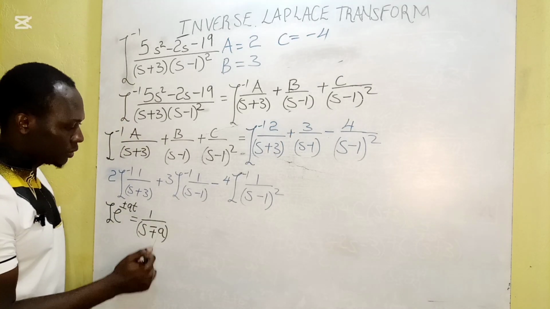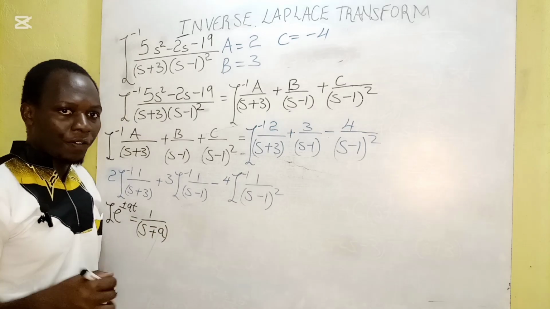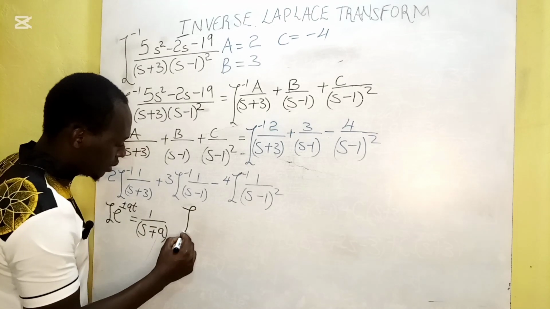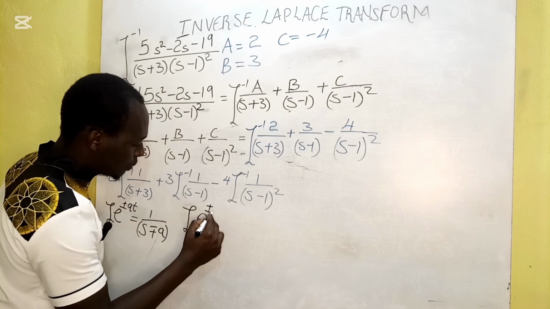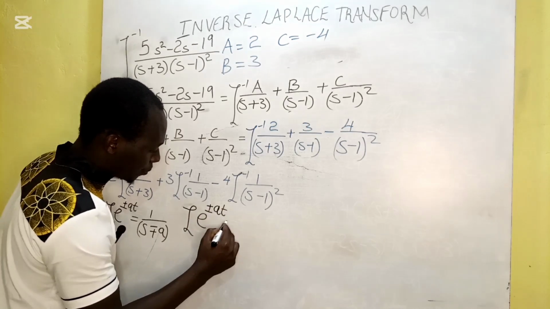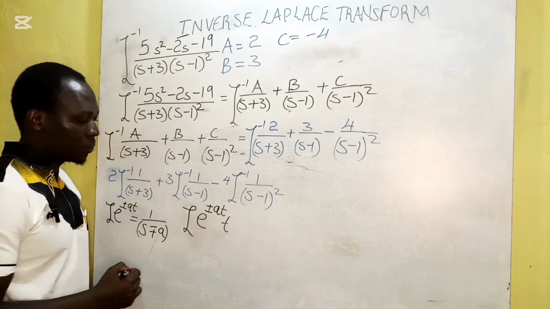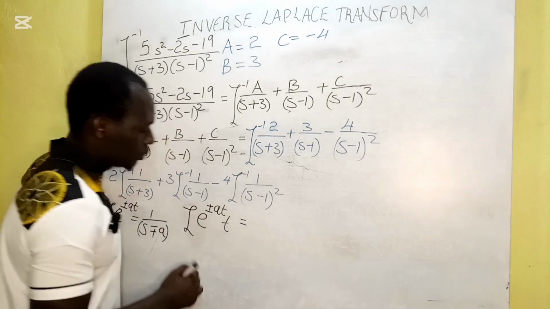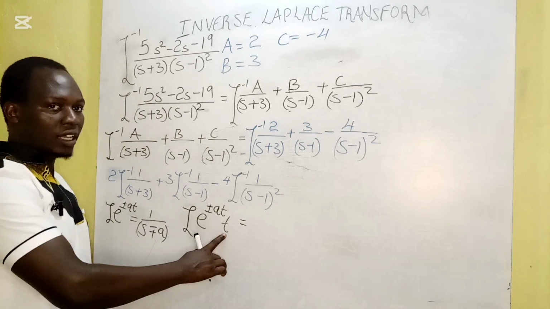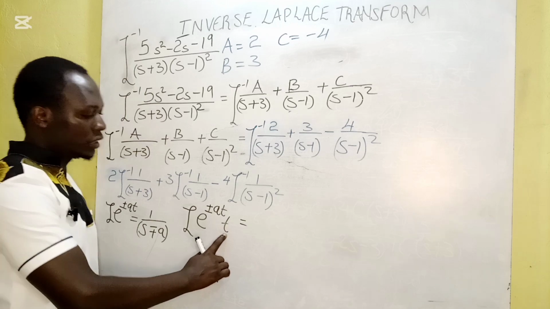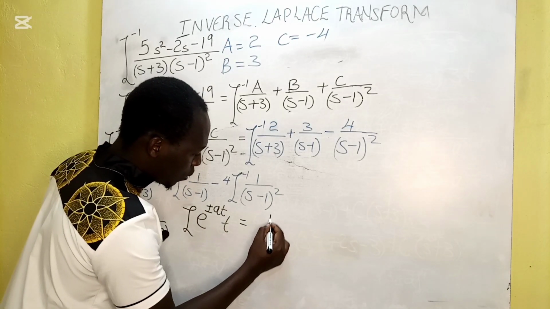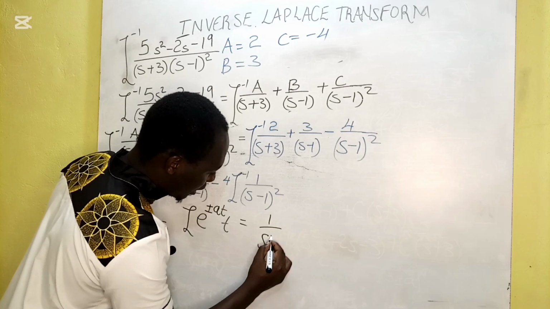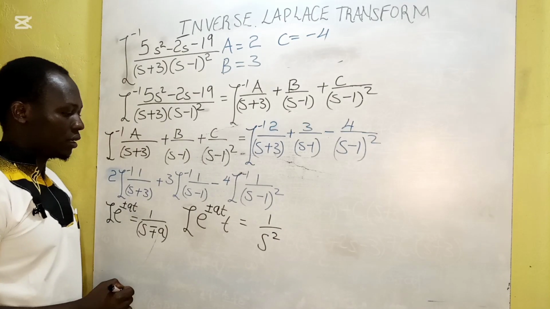We agreed that using the first shift theorem, the Laplace transform of exponential positive or negative at multiplied by t, we first get the Laplace transform of t, and the Laplace transform of t is equal to 1 over s squared.